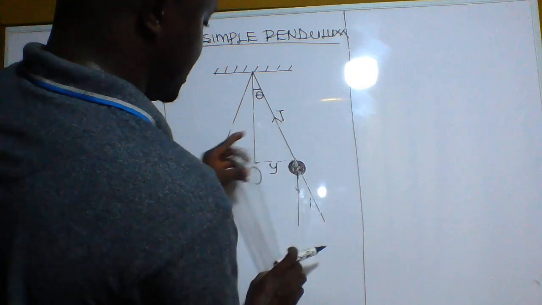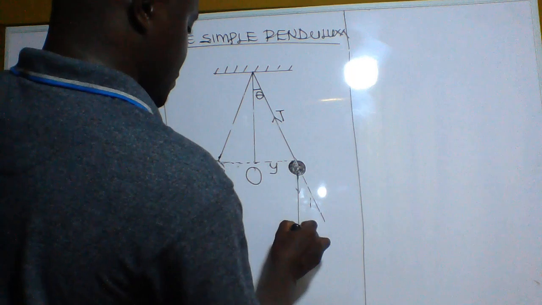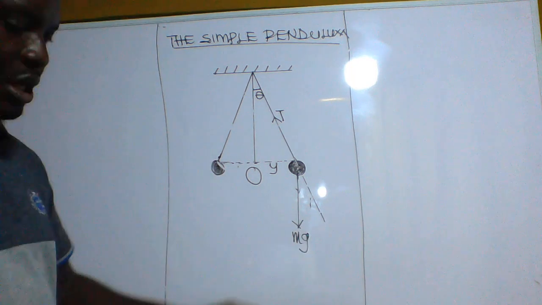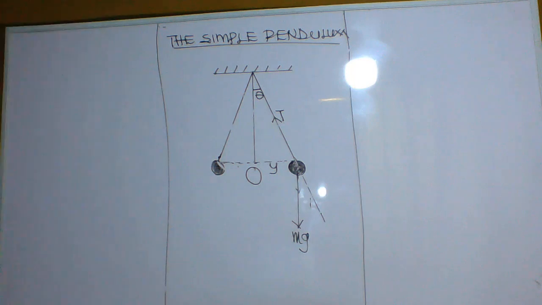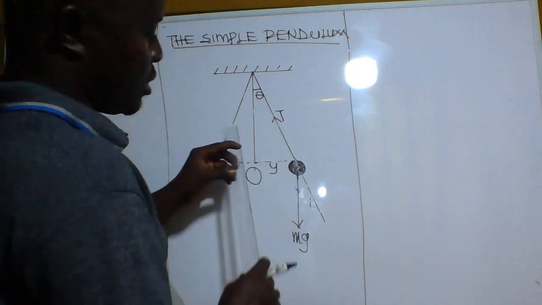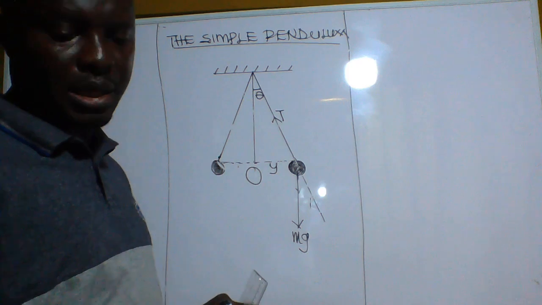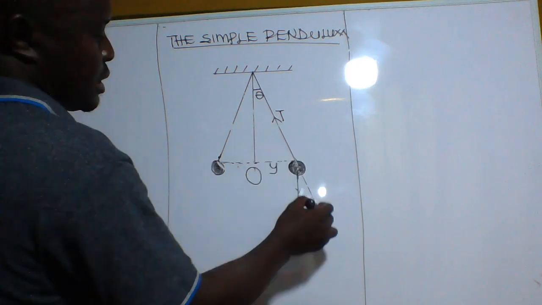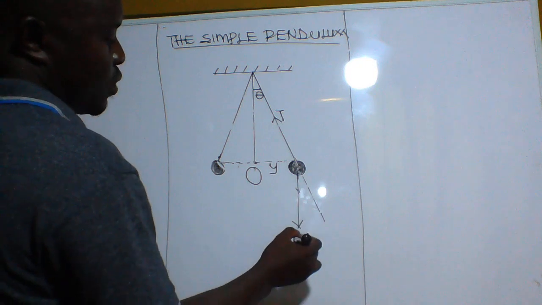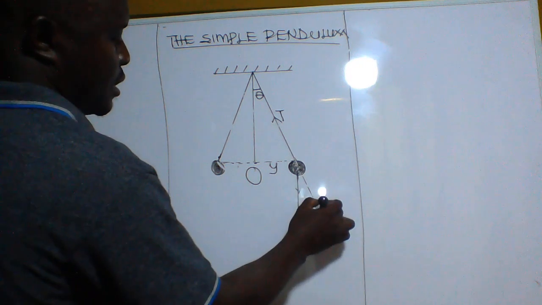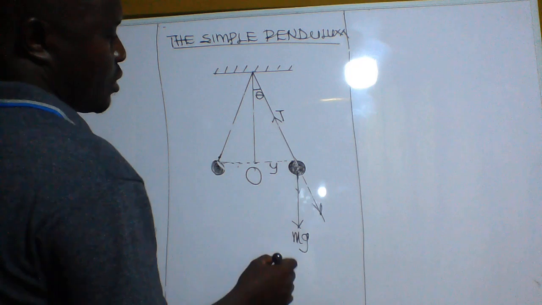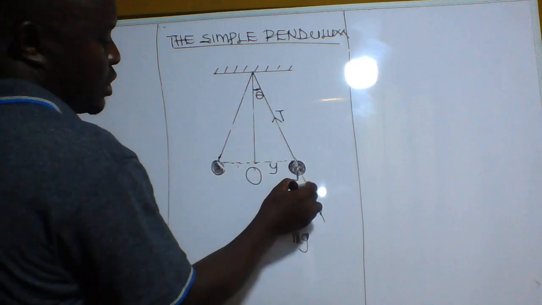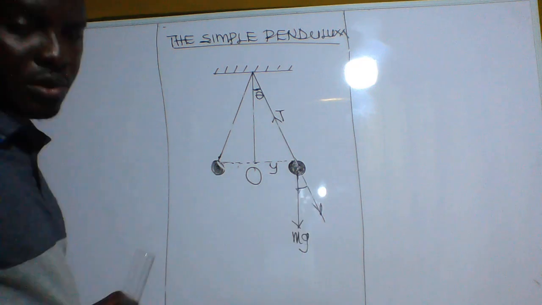Tension is vertical, perpendicular to the horizontal, and there is the weight of the object due to gravity. When we extend the tension vector, we have this angle corresponding with this angle.